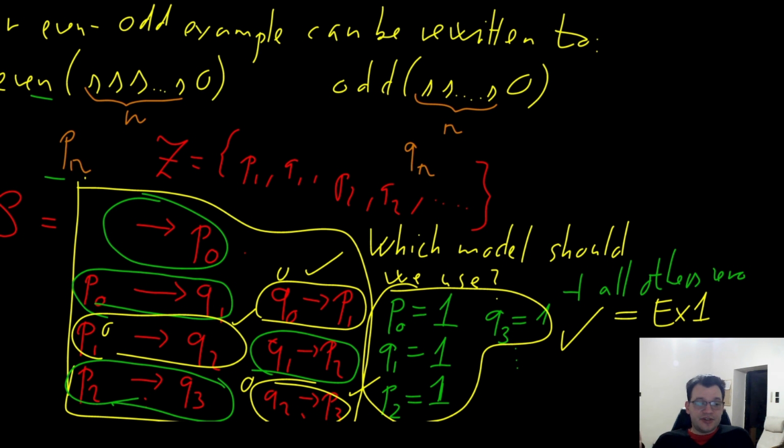So the thing is that this here is an absolutely automatic procedure which creates a model of a logic program, and to create this we did not use any knowledge of the meaning of these words, even or 0s.